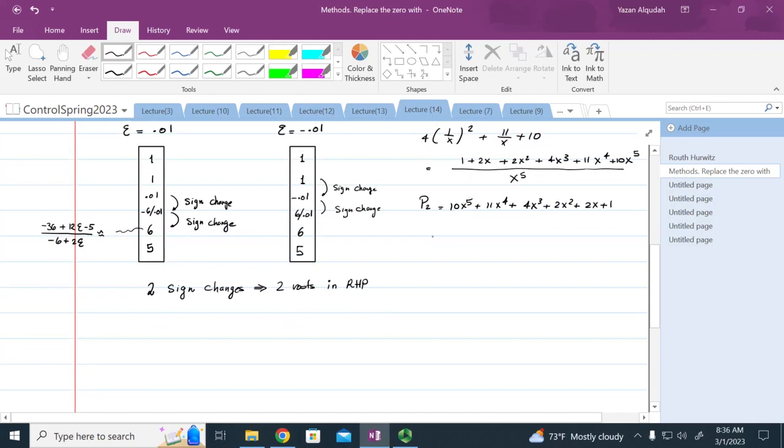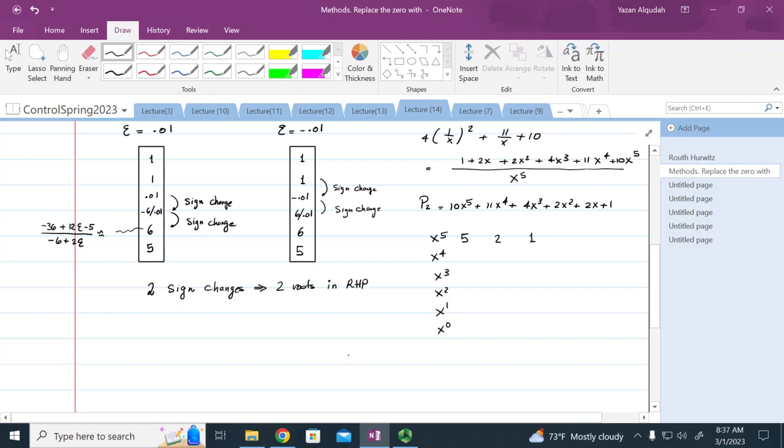So we're going to have x to the 5, x to the 4, x cubed, x squared, x to the 1, x to the 0. So the first row is going to be 5, 2, and 1.